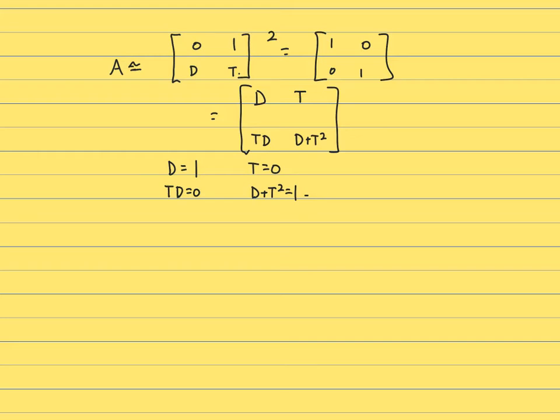Let me be careful here. This should be a negative d here. Congratulations, your matrix must be of the form where d is negative 1, and that's your only option.